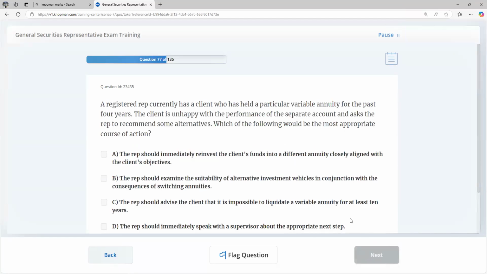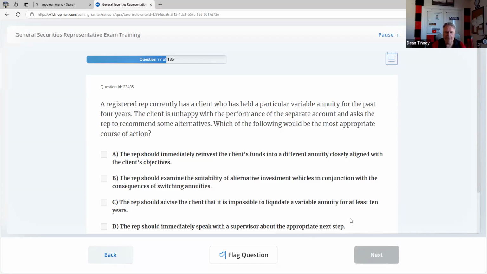A registered rep currently has a client who has held a particular variable annuity for the past 4 years. The client is unhappy with the performance of the separate account and asks you to recommend some alternatives. Which of the following would be the most appropriate course of action?